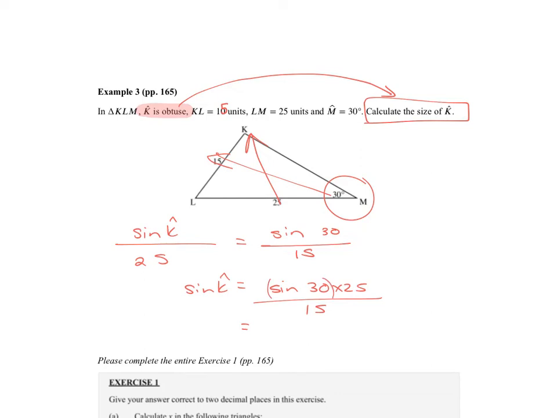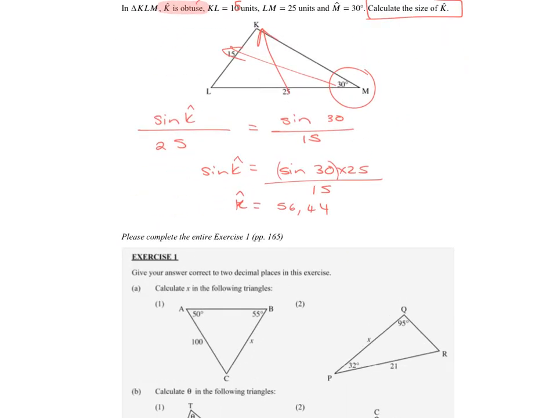So sine 30 times 25 divided by 15. And then shift sine of that answer in your calculator. And that gets us to 56.44 degrees.